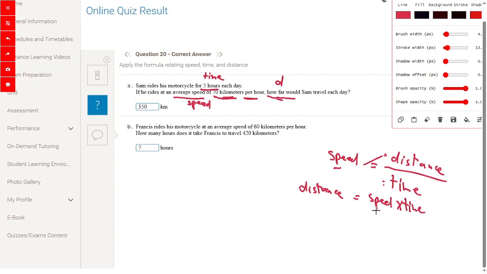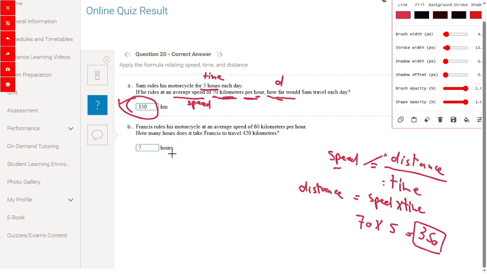Now the speed is 70 kilometer per hour and the time is 5 hours, right? So it will be 350 kilometers. So the answer here is 350 kilometers. And the speed is per hour and the time is in hours, and the distance is kilometer.